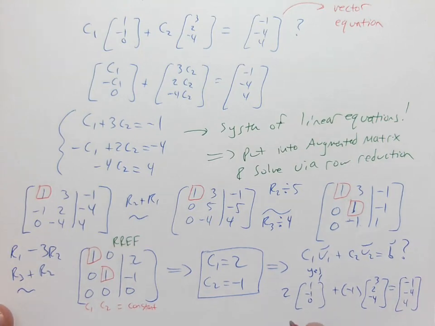In other words, 2V1 plus minus V2 equals B. And so yes, we found a linear combination of V1 and V2 that equals B.